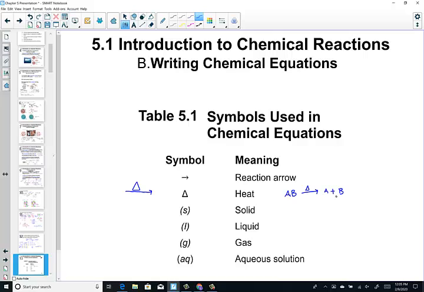The solid, liquid, gas, and aqueous phase are additional adjectives that you can place next to these symbols to let you know the phase of matter. If something is dissolved in water, it's an aqueous solution. So if I have, let's say, table salt as an S or table salt as an AQ, you now get a better feel of how the conditions are for the equation.